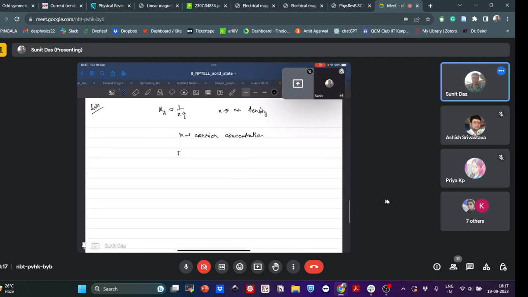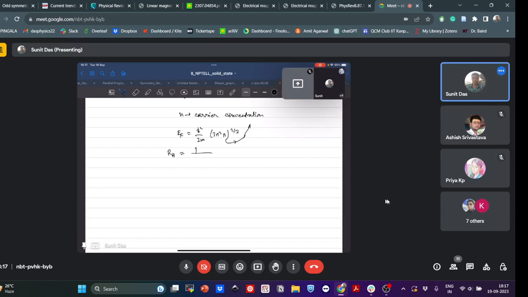Now the Fermi energy for a 3D metal is given by this. We have done a lot of problems on this Fermi energy relation. So here n is again the carrier concentration. So RH is proportional to 1 by n.